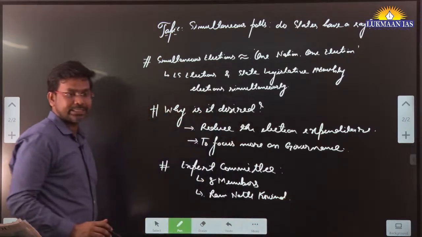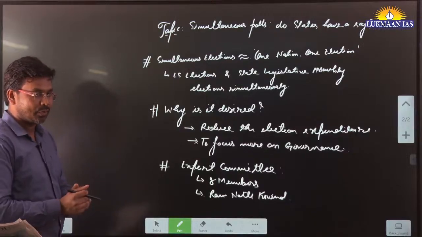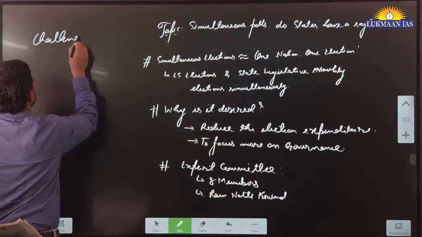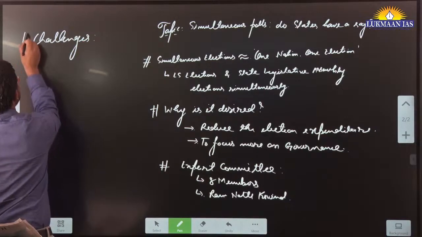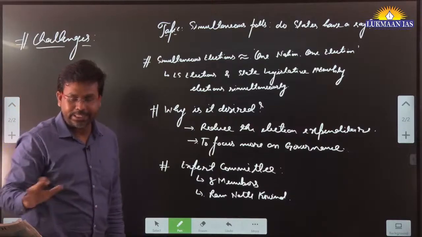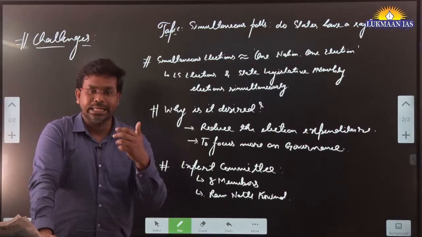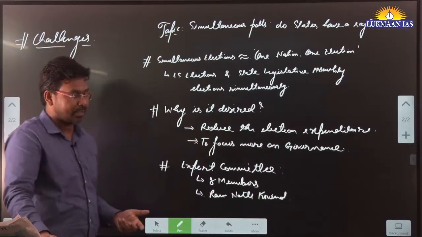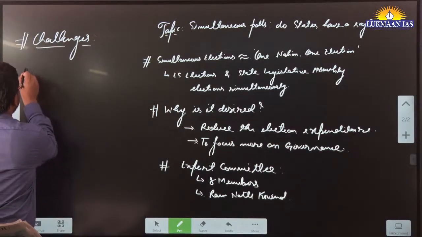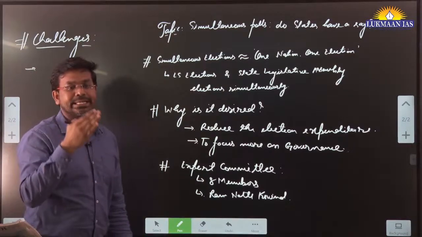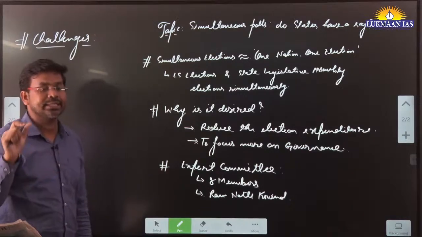Now we need to discuss what challenges are associated with this simultaneous election concept. One of the challenges discussed in this article is that it requires a constitutional amendment. For any amendment to the Constitution, there is an article that talks about the process that needs to be followed.